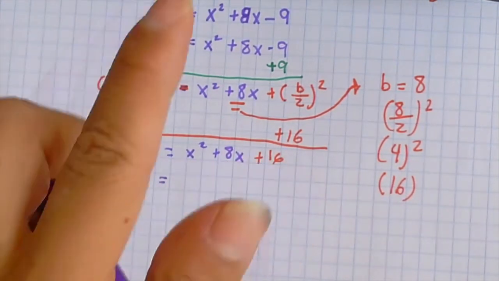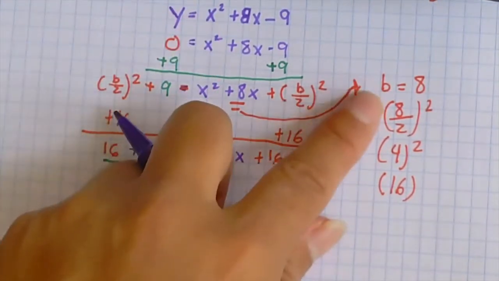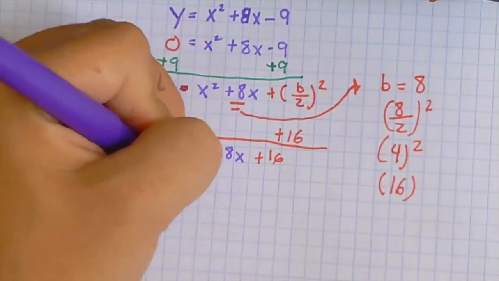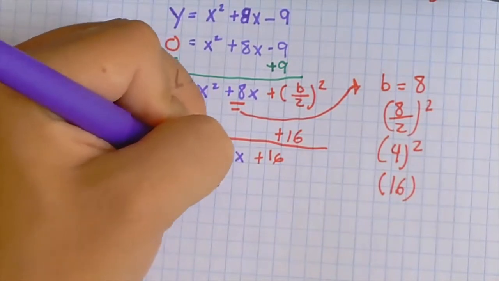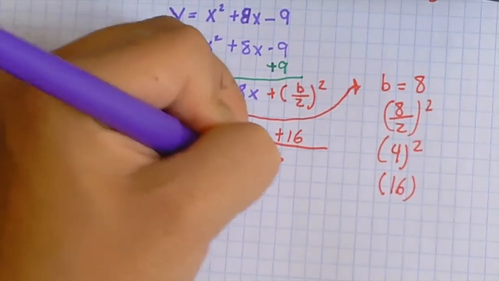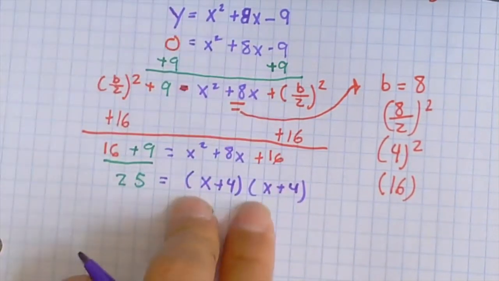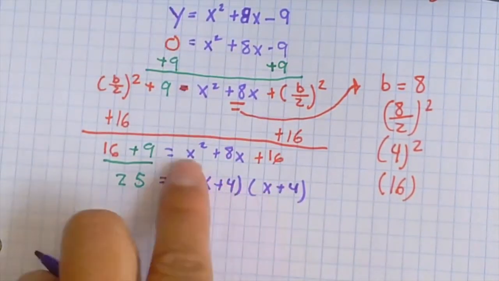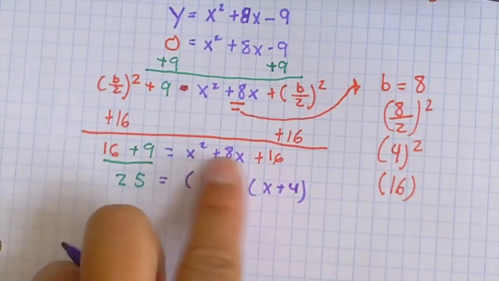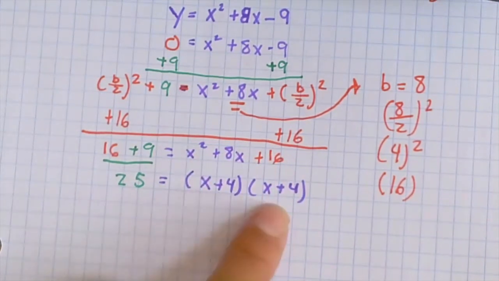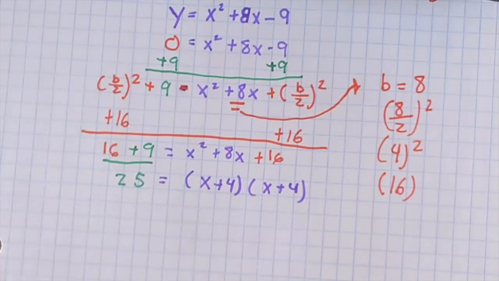We know it's a perfect square trinomial because we find that we have 2 of the same binomials that, when we use FOIL or the box method, give us this quadratic trinomial. It's a perfect square trinomial because the two binomials have the same values.